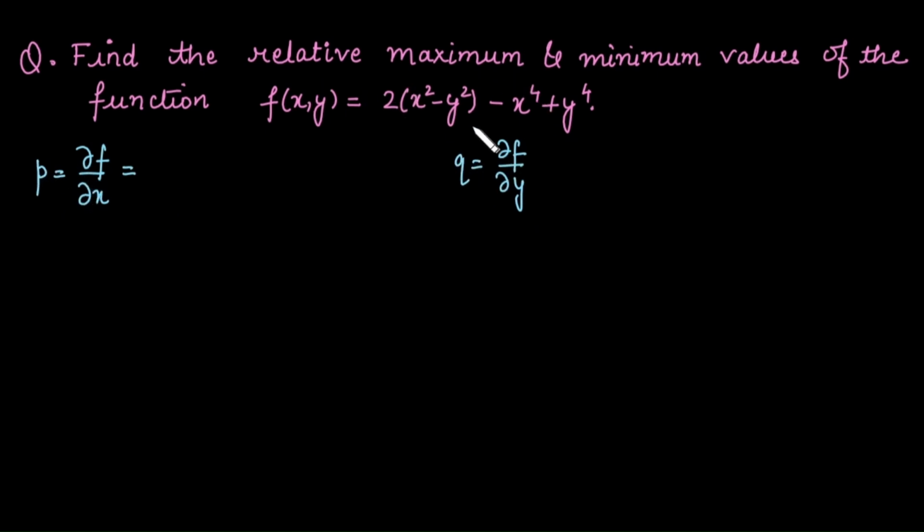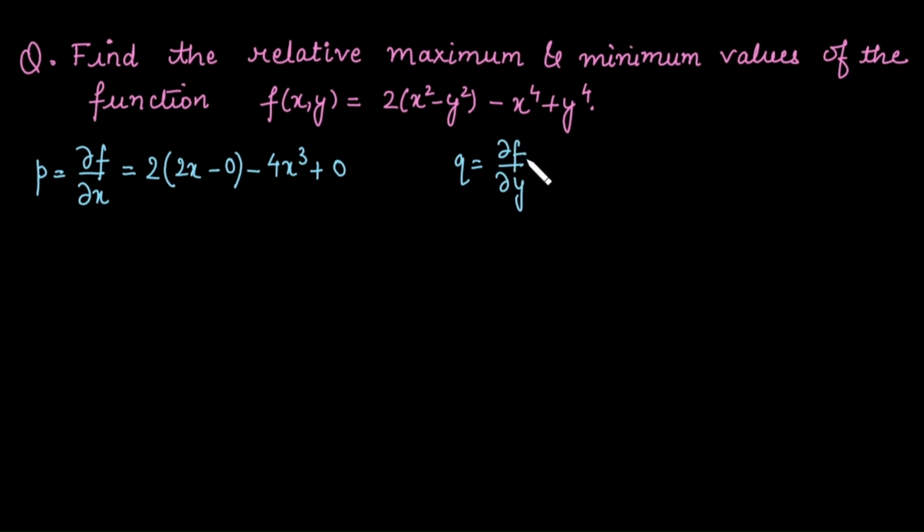The value of p is twice its derivative with respect to x, which is 2x, minus the derivative of y squared with respect to x, which is 0 because we treat y as a constant, minus the derivative of x raised to power 4, which is 4 times x cubed, plus the derivative of y to the power 4 with respect to x, which is 0.